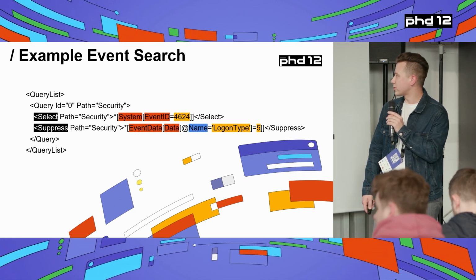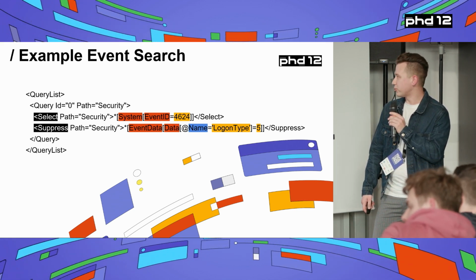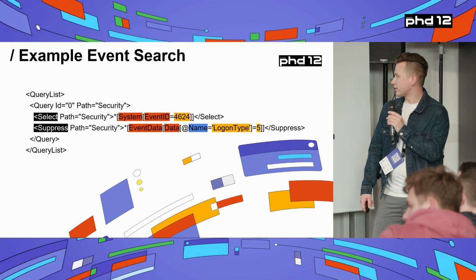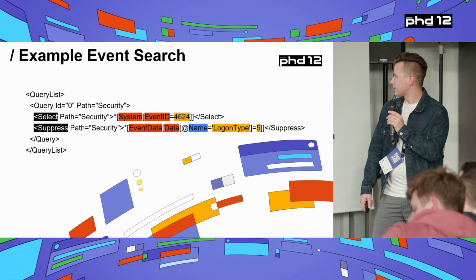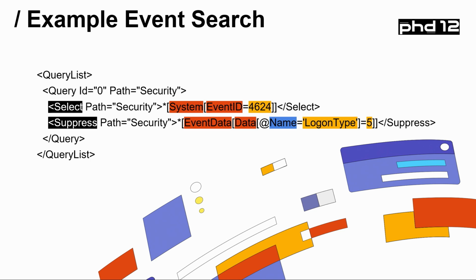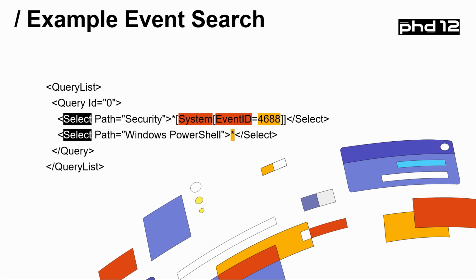This is our select: 4624, all the login events, and we remove everything with logon type 5. The idea is to remove all the events that match the filter from the sequence. Here, we carry out 2 queries.